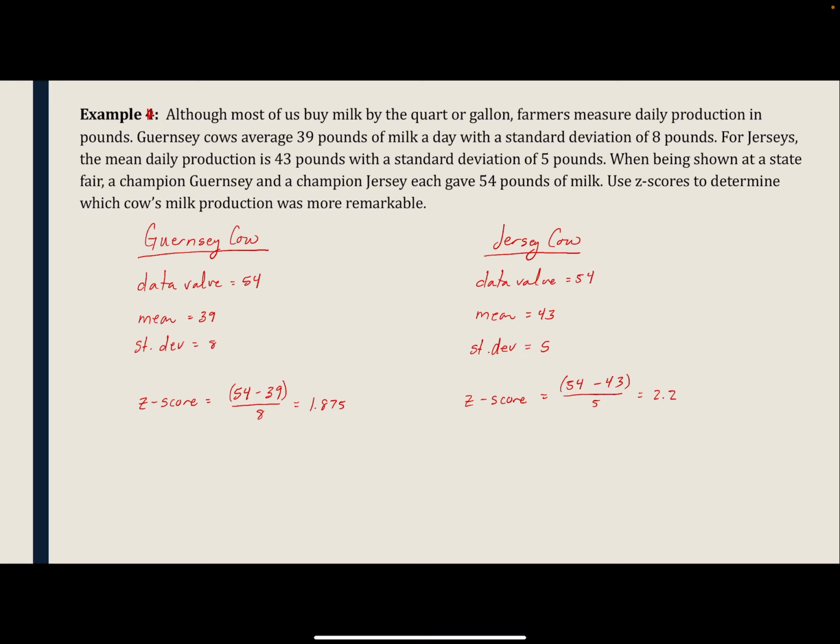So that means that, relatively speaking, we know that the Jersey cow has a more remarkable milk production because its z-score is further above the mean.